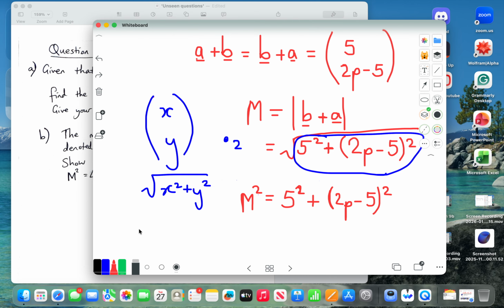And let's expand it out. So 5 squared is 25, and plus 2p minus 5 multiplied by 2p minus 5.